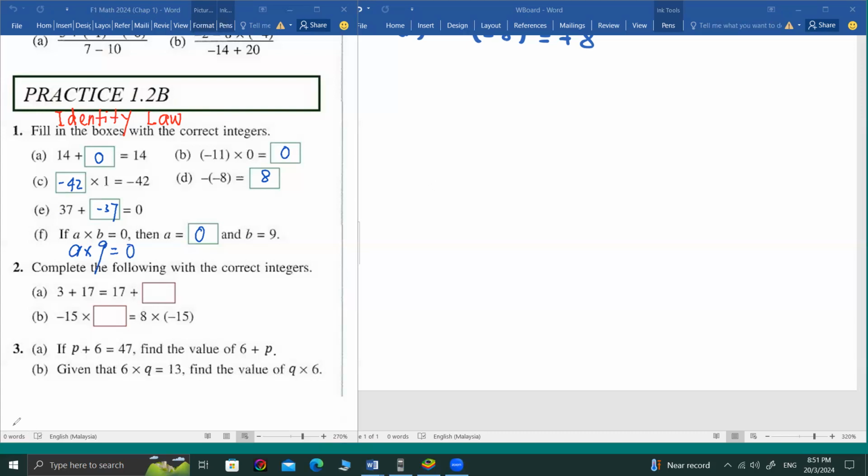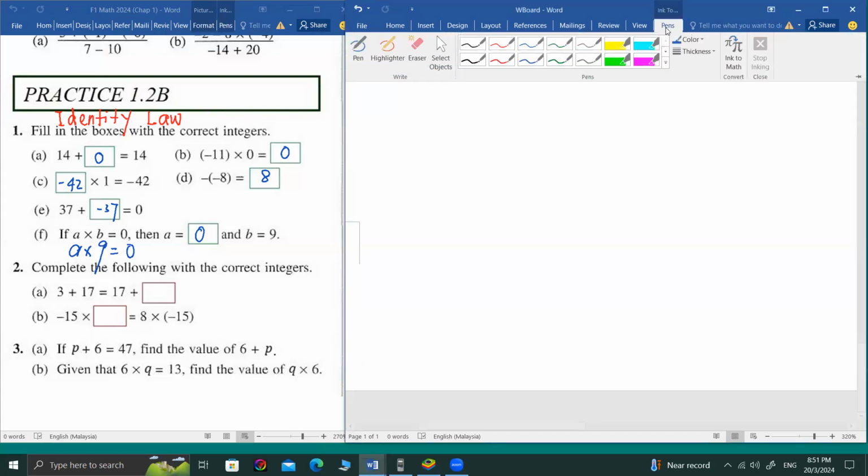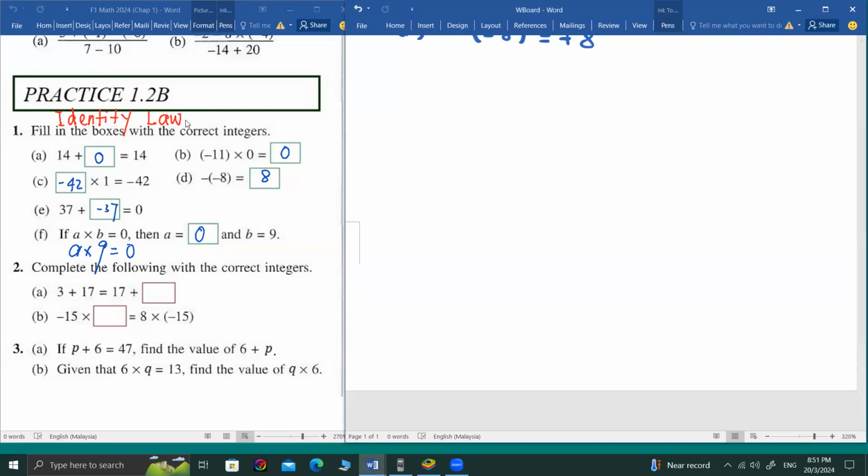什么是 identity law 呢？Okay, so you write down identity law somewhere there and find some space to write the meaning of identity law. 在旁边写下来，因为这个会考. A plus 0 is A, yes. 明白吗？A plus 0 is A. Got it?